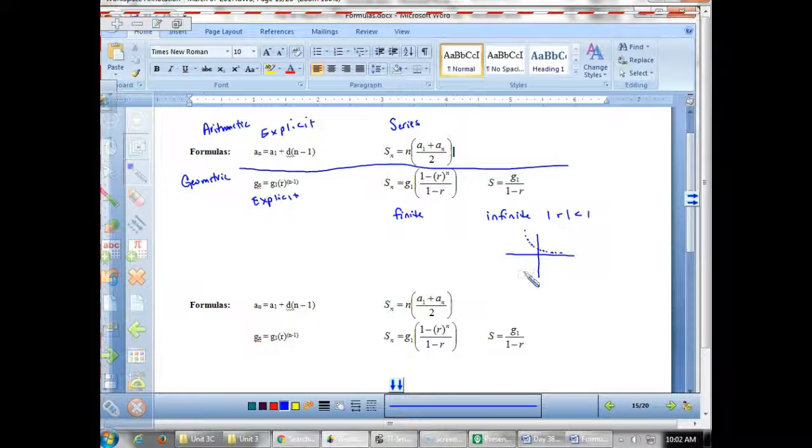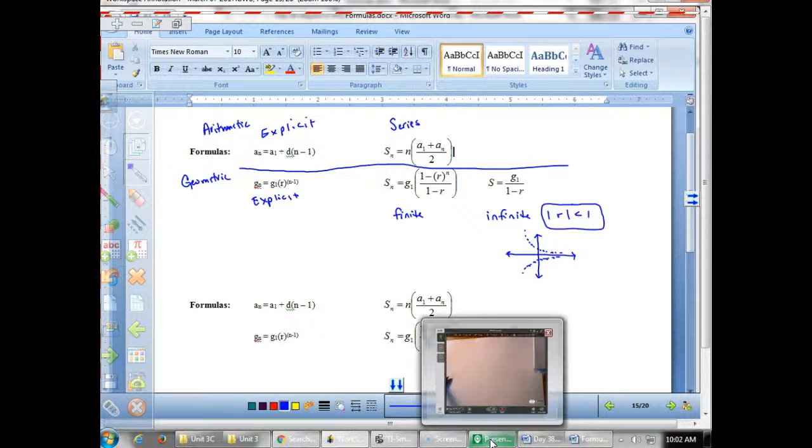It could actually be a negative R, where you're flipping back and forth between positive and negative, but either way, it's decaying and approaching 0. That is how you'll know you can use this formula: when the absolute value of R is less than 1. Okay, so I want to do some of the problems from the worksheet.